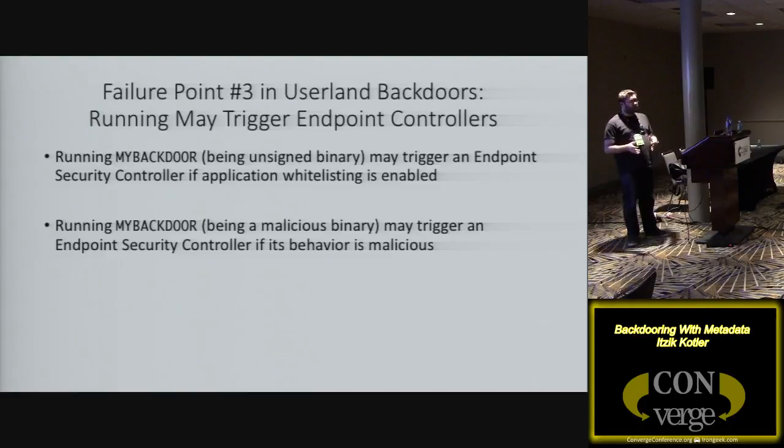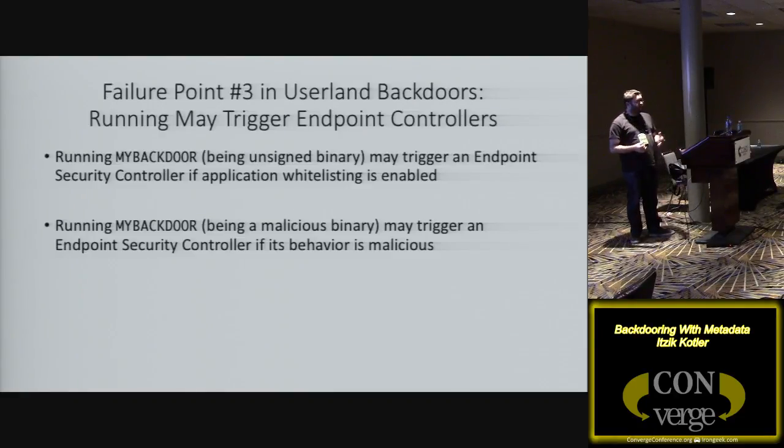And running that actual backdoor, now that we've transferred it and dropped it on the box, also has its own limitation. That backdoor would probably be an unsigned binary, so running it on a computer can yield two different outcomes. If application whitelisting is enabled, that simply won't be possible.